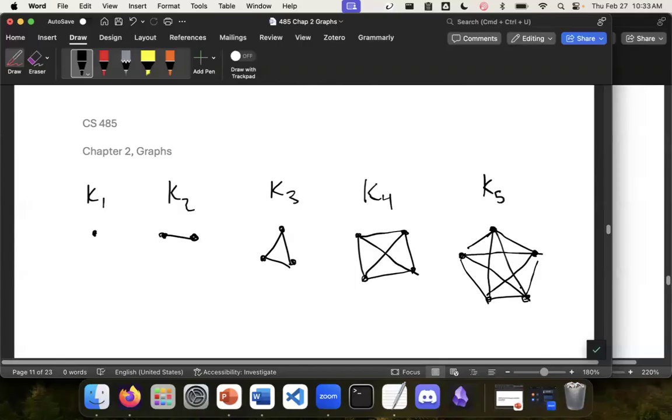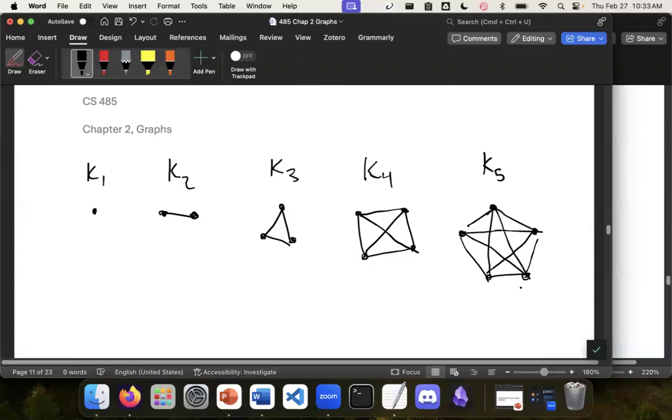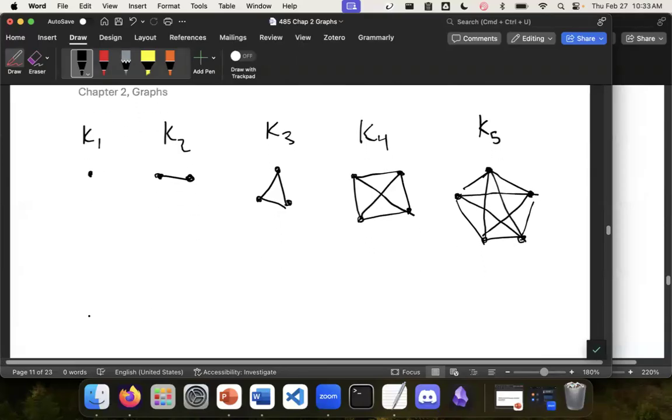And this can go on. We could draw K6, K7, but that's a lot. I think you get the idea. If K5 is regular, are the rest of them regular? Looks like it. In fact, they are.